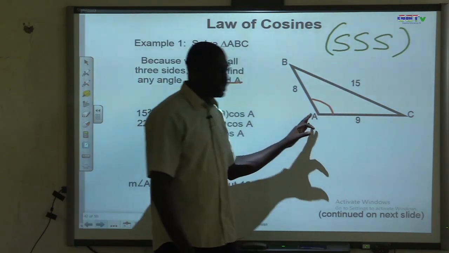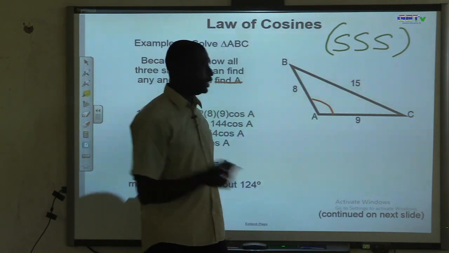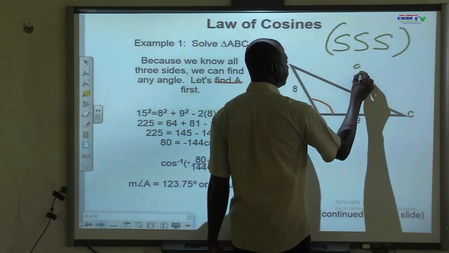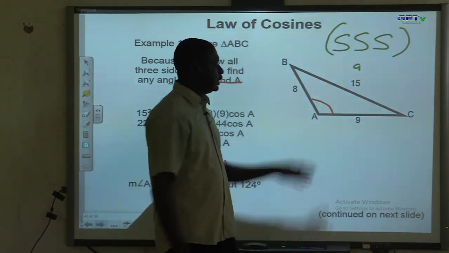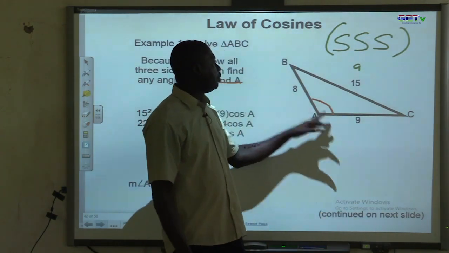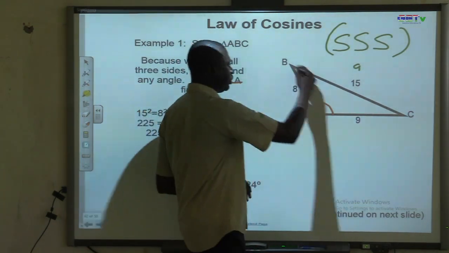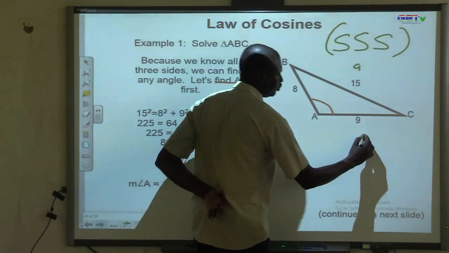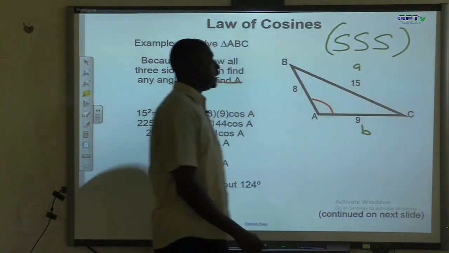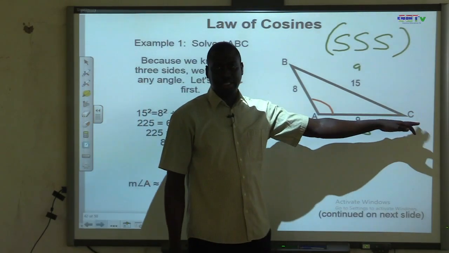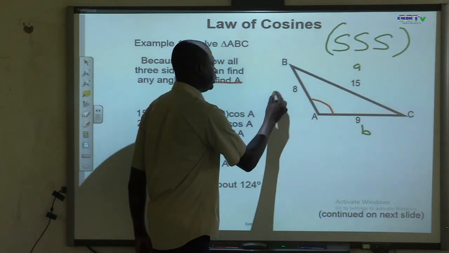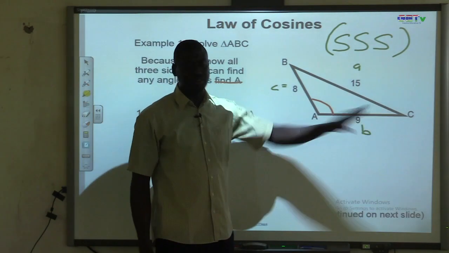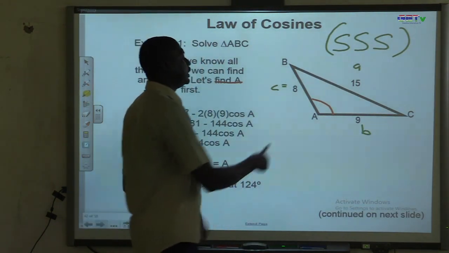The side opposite angle A is our small a, so this side where we have 15 is a. The side opposite angle B, the length AC, is our small b. And the side opposite angle C is our small c, and there it is equal to 8. So we have all three sides given, and we have to find angle A.